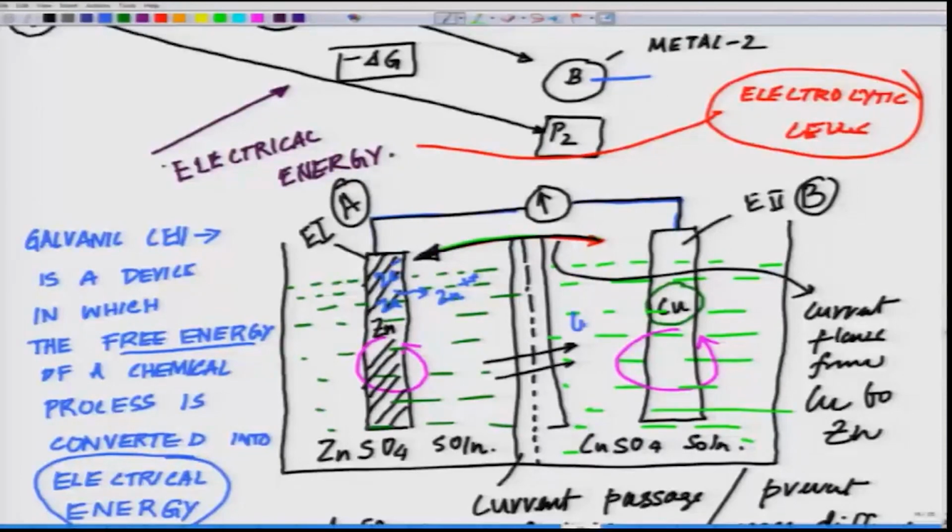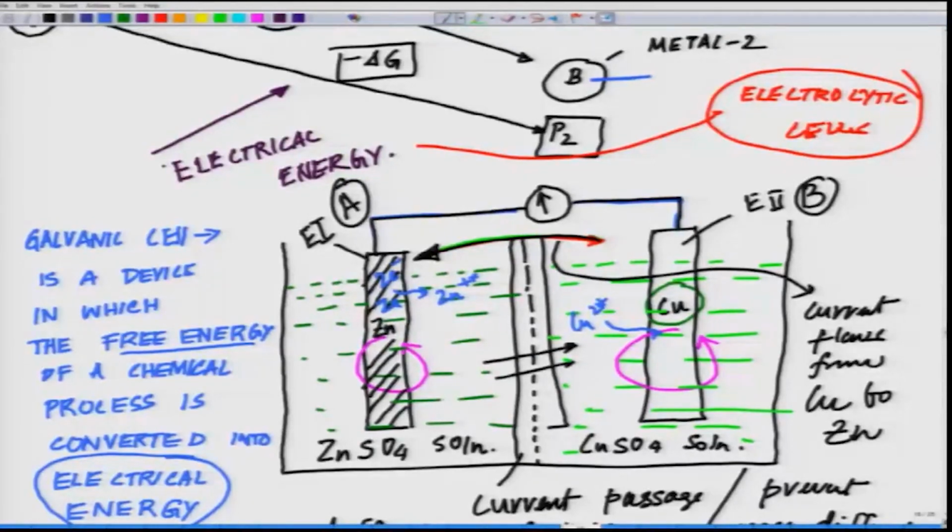Whereas in the copper, you have Cu2+, which has a tendency to accept electrons much faster. In order to accept electrons, it will try to move out here, and it will need an electron. From where is it going to get an electron? This part is very important.